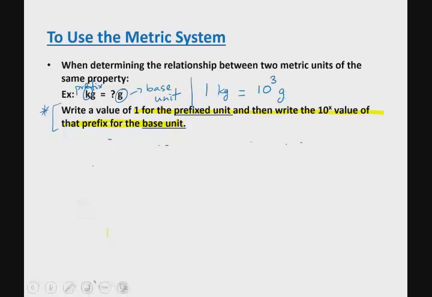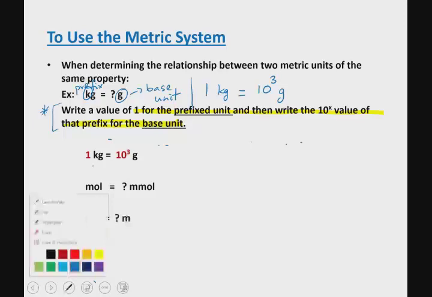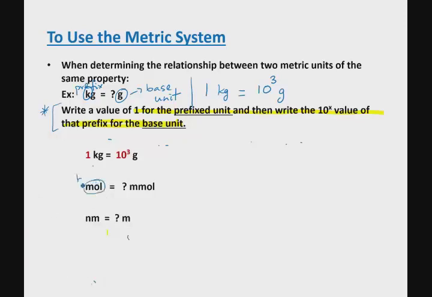Okay, let's try this strategy out a couple more times so you become a little bit more comfortable, and then you will be practicing this constantly, so please get used to this. How about the relationship between moles and millimoles? So once again, the first step is to identify the base unit. This is the base unit, and identify the prefix. In this case, the prefix is lowercase m, which is milli.